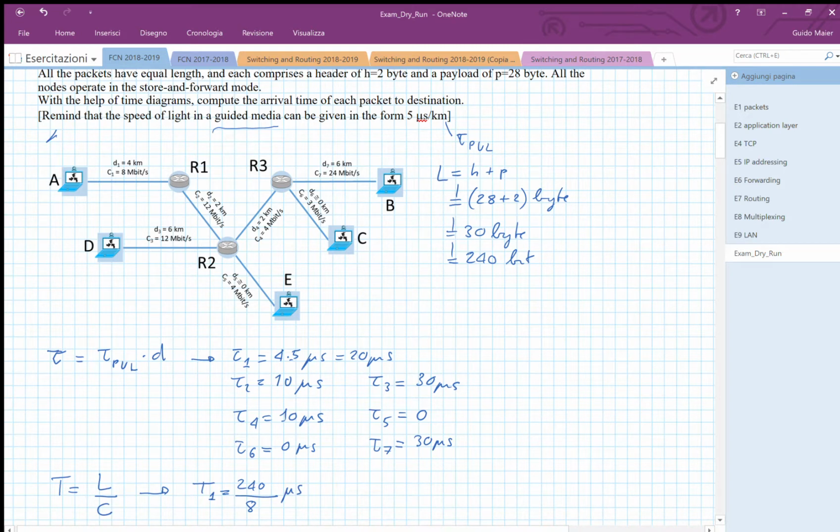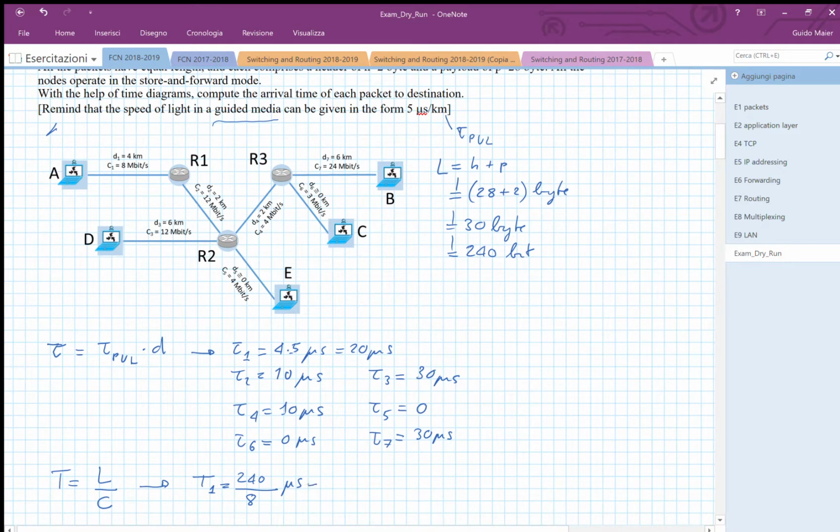Please always remember to put units of measurement beside the numbers, otherwise the numbers are completely meaningless. So this is 30 microseconds.